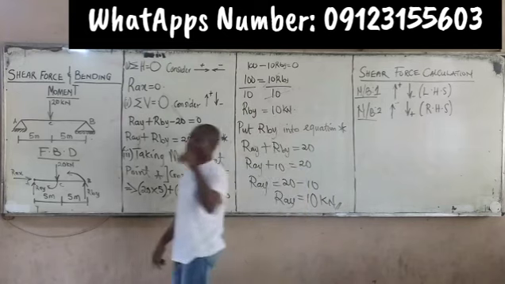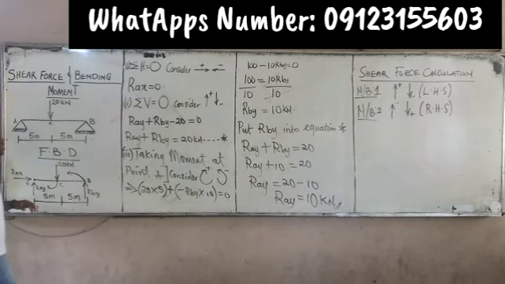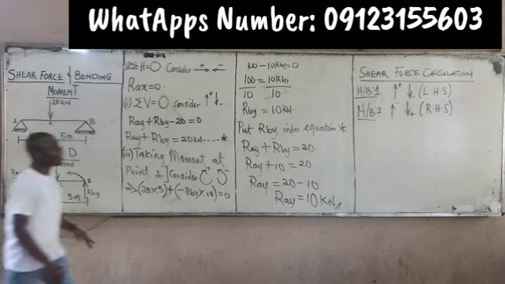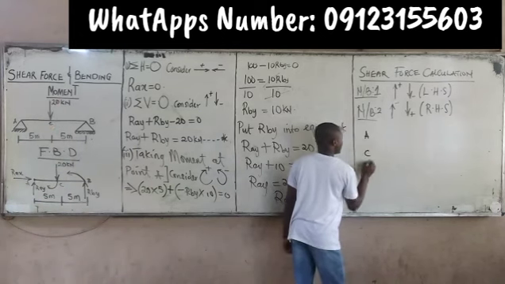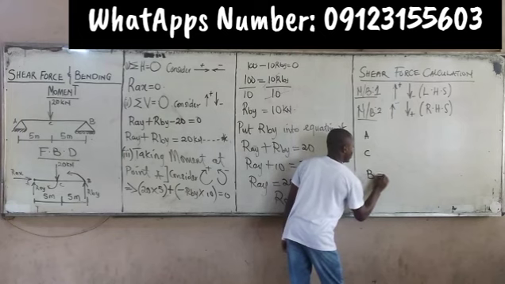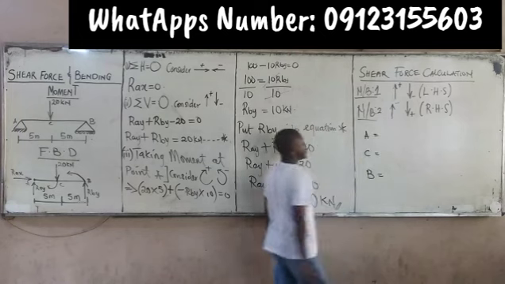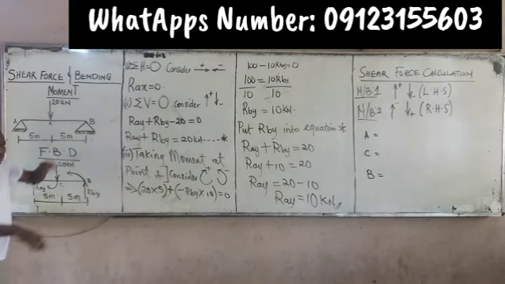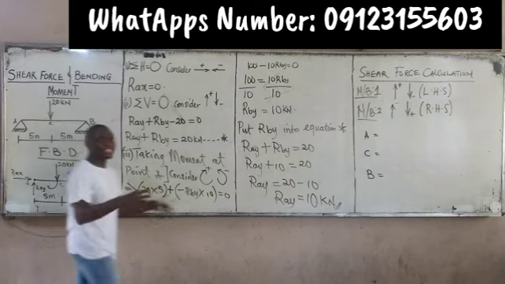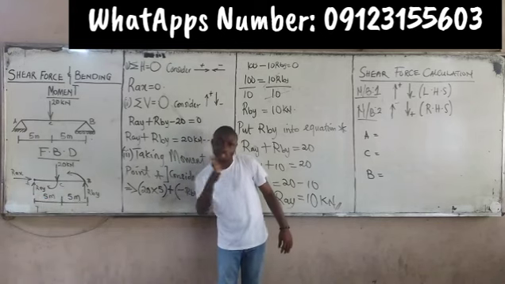Now, for my shear force here, I have three labeled parts: A, C, and B. Write them out: I have A, I have C, and B. In this manner, that's your first task. Next up, what do you do? We said it's not left to us to choose which direction.